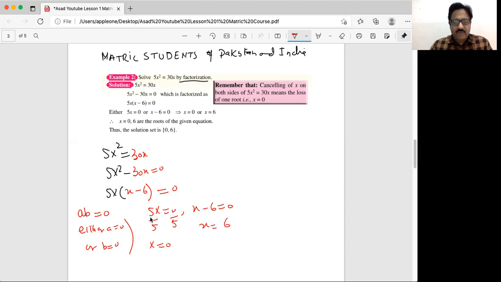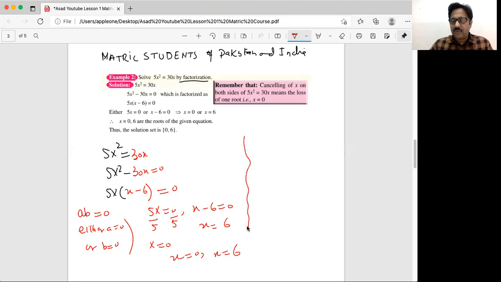Whenever you get a question that says solution or solve, by solution they want you to get the value of x, the variable which they have used there. So solution means getting the value of the variable. To get the value of the variable, you will have to keep the variable alone. That's why I'm dividing here by 5 on both sides. So we got two solutions, x is equal to 0 and x is equal to 6.